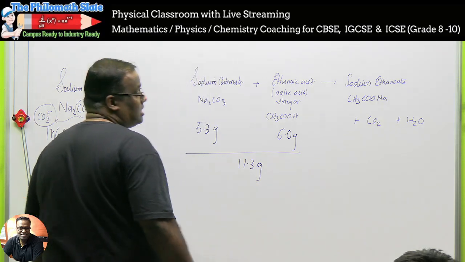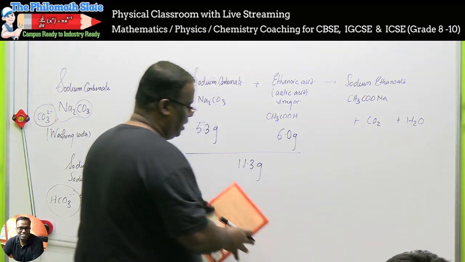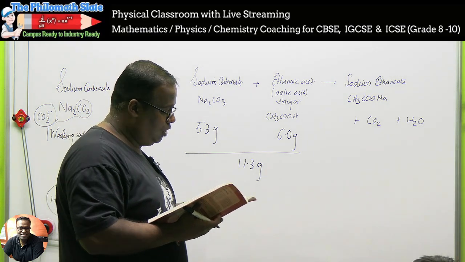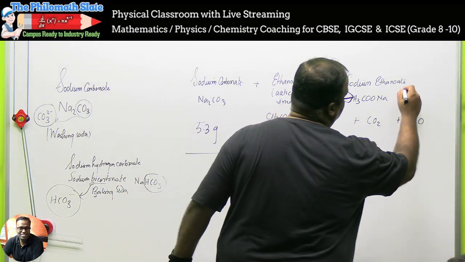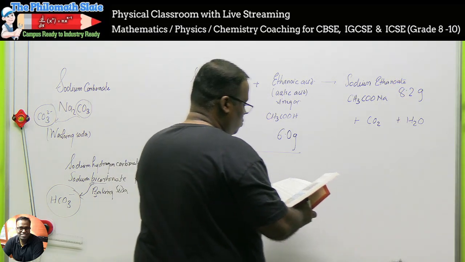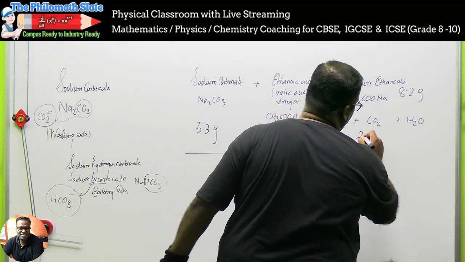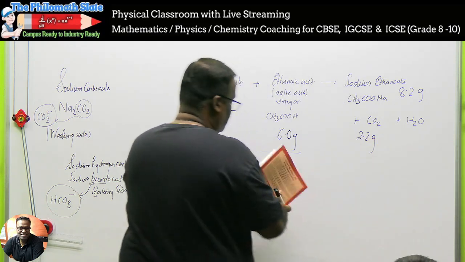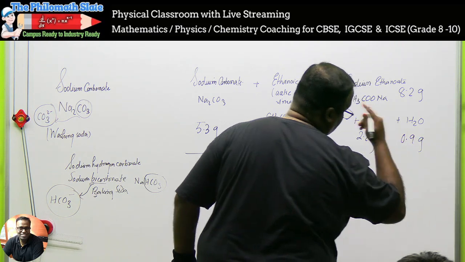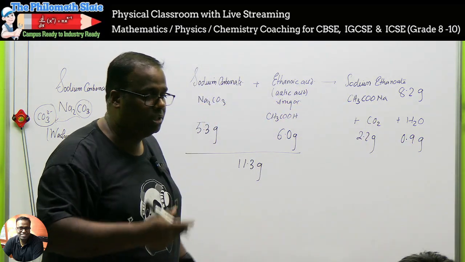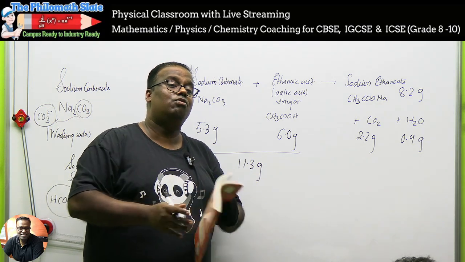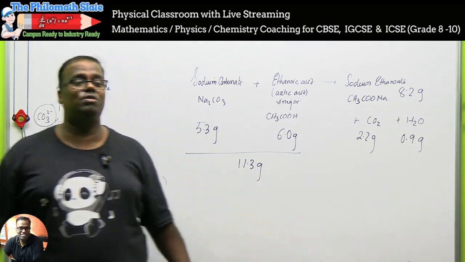On this side 11.3 must come. But what is the question? It says to form 8.2 grams of sodium ethanoate, 2.2 grams of carbon dioxide and 0.9 grams of water. Everything has been given, so what to do? Show that this data verifies the law of conservation of mass.